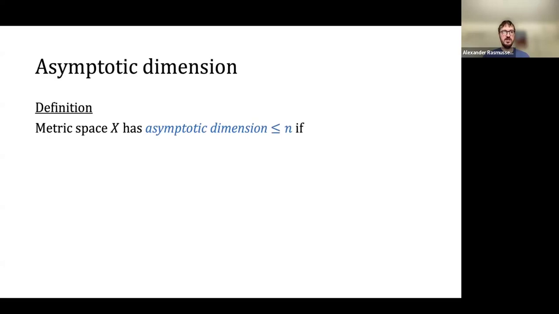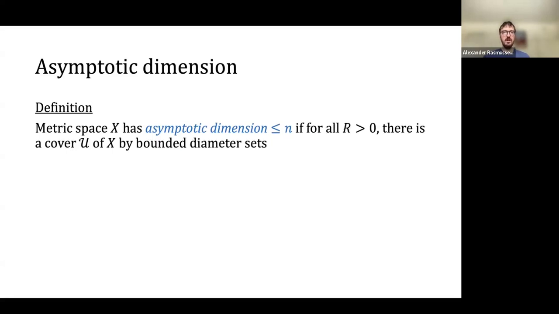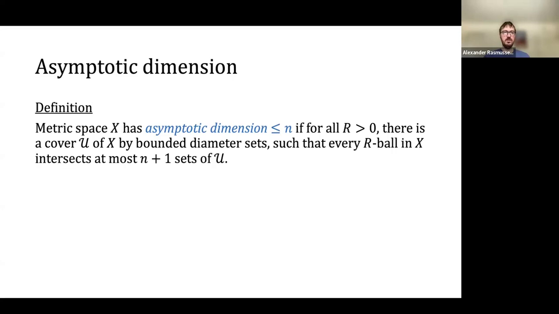So first, let me just say what asymptotic dimension is. This is some kind of large scale notion of dimension for metric spaces. We say X has asymptotic dimension at most n if for all r greater than 0, there's a cover of X by bounded diameter sets, call it U, such that every r ball in X intersects at most n plus 1 sets of U. Okay, so that's what it means for the asymptotic dimension to be at most n.